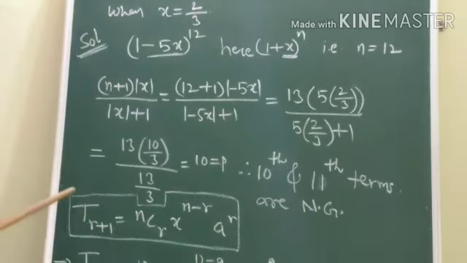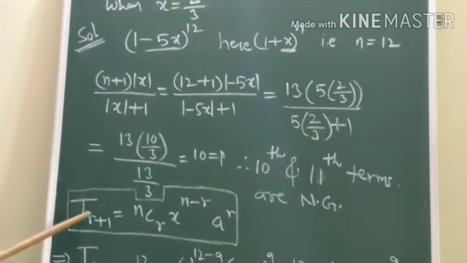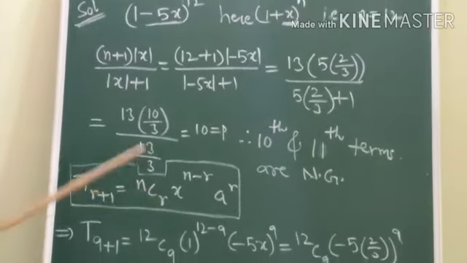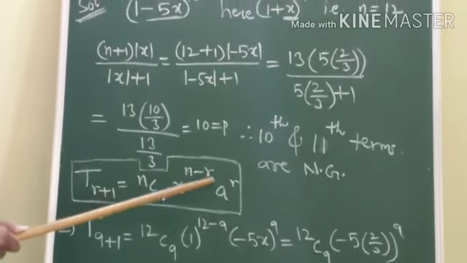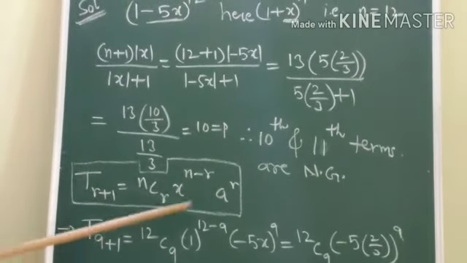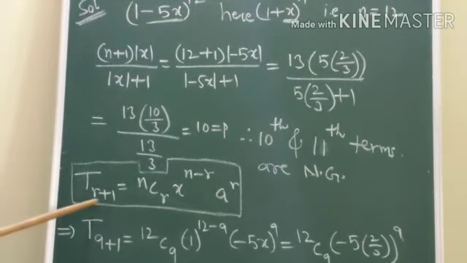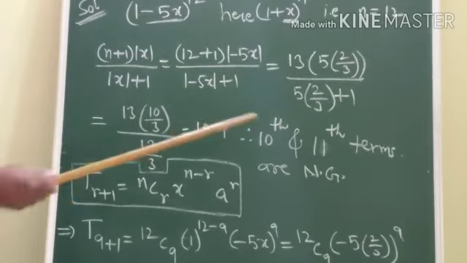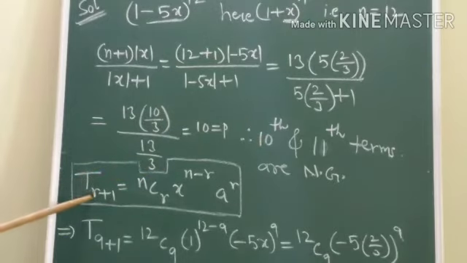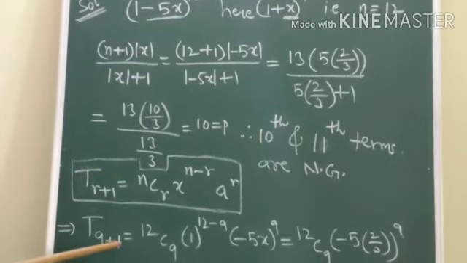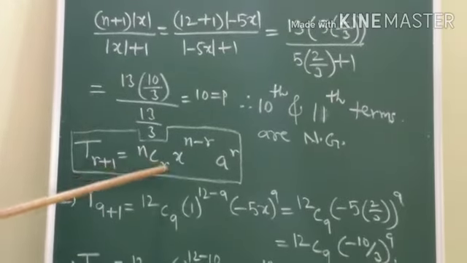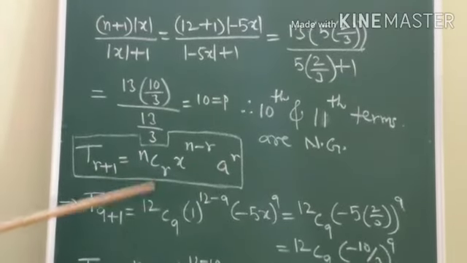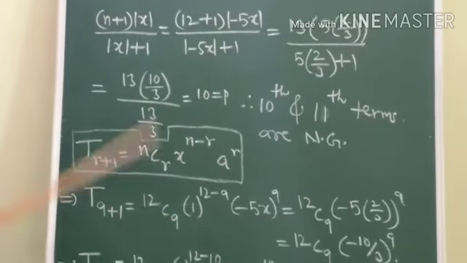Now let us see the formula T(r+1) = nCr x^(n-r) a^r. Already we know this formula for the general term. For the 10th term, we take r value 9. T(9+1) = nCr, that means n value 12, r value 9, 12C9.